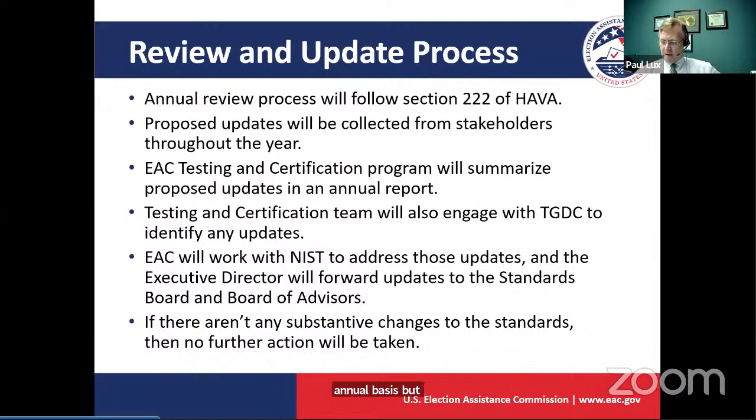But back in section 2.1, where it says the EAC will determine whether a change is major or minor, who is that? Are we talking about commissioners being the ones who make that call? Is it the EAC testing and certification department? Who on behalf of the EAC is doing that?